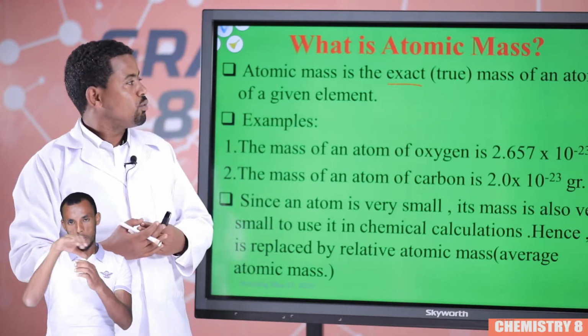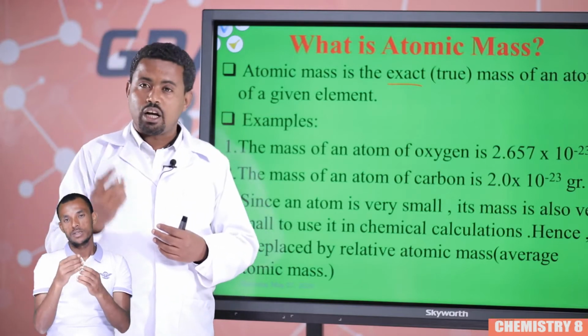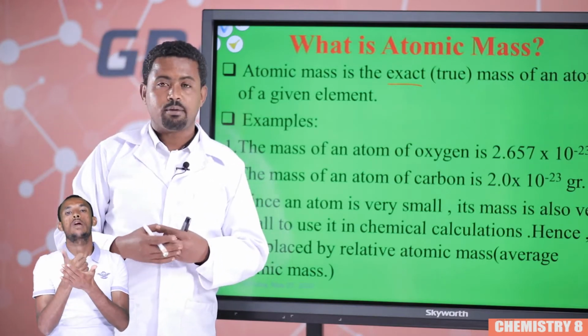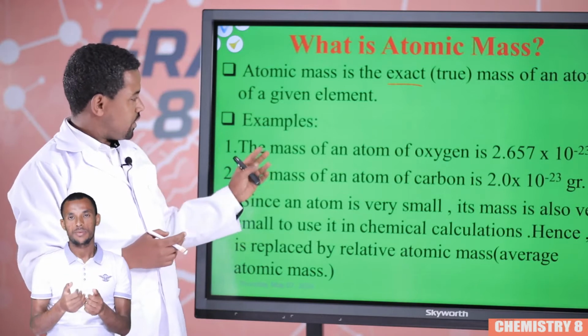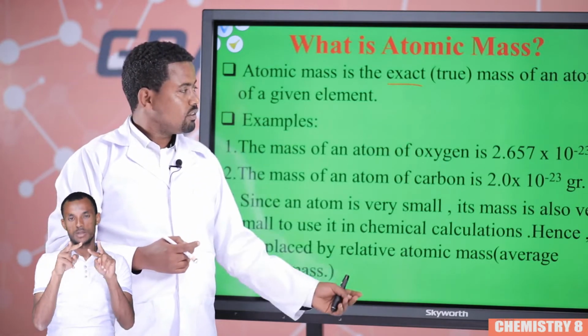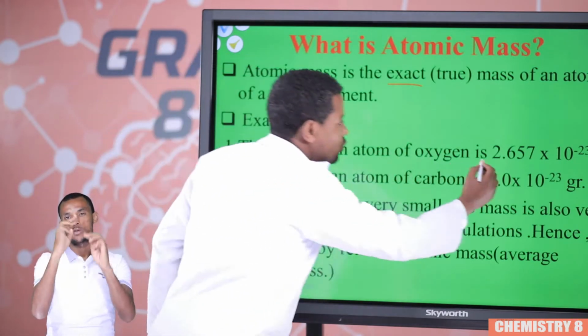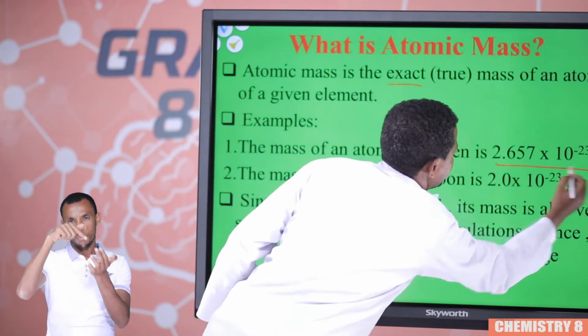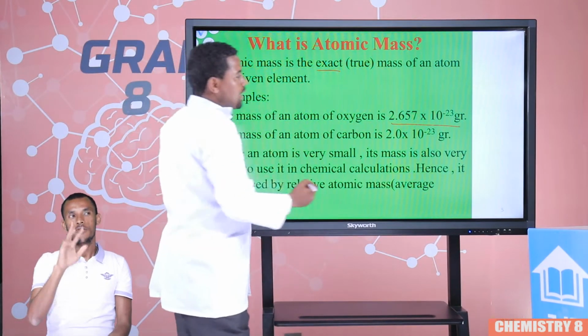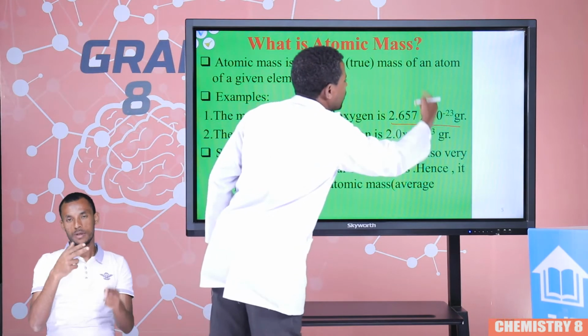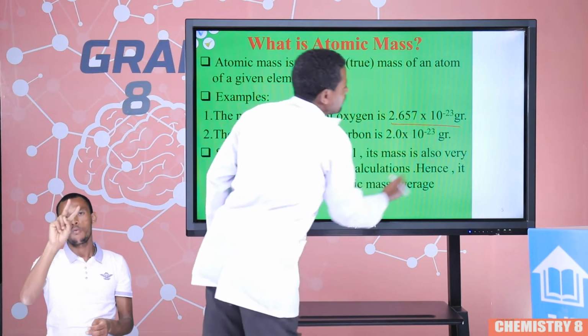Rather, we use the average atomic mass of a given element. If you see the atomic mass of oxygen, it is 2.657 times 10 to the power of minus 23 gram.